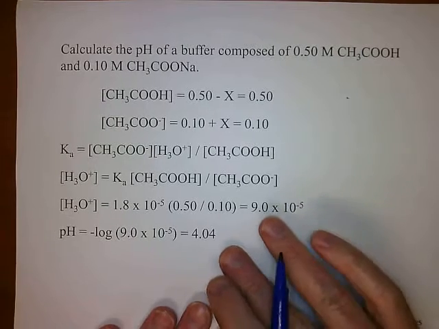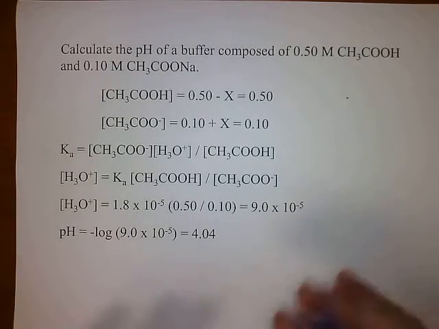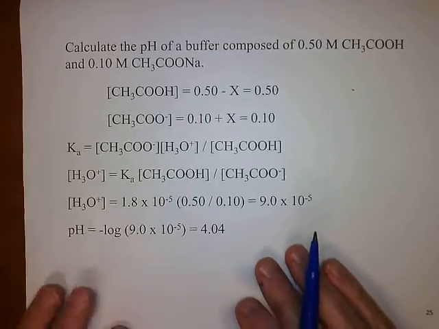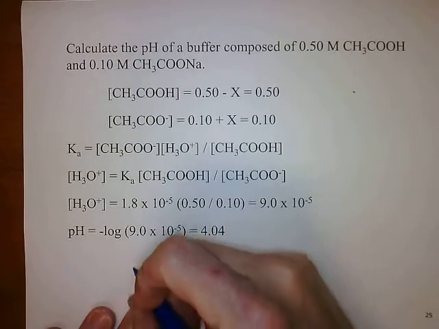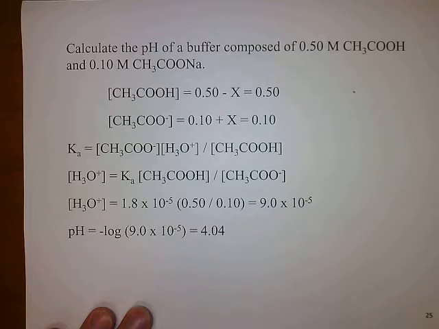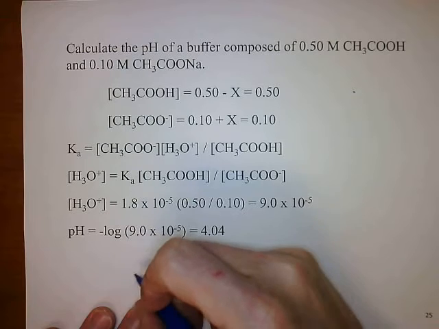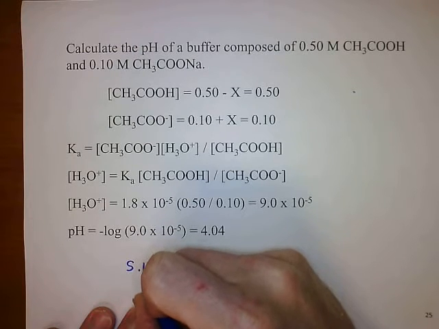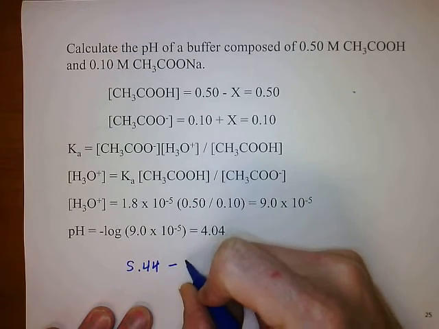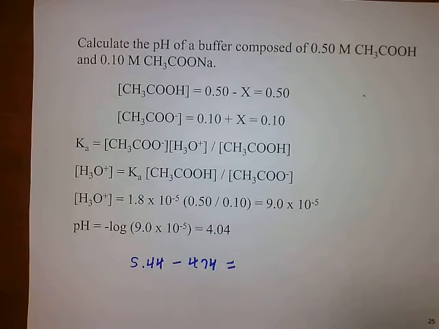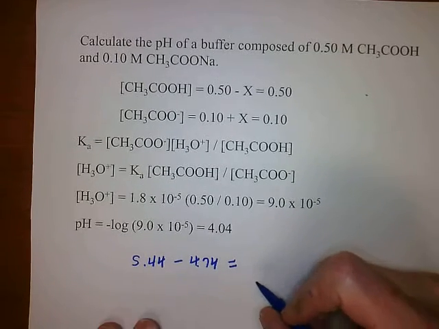But I want you to note that the pH was lowered by the same amount that it was raised in the previous example. In other words, 5.44, which was the last example, minus 4.74 is 0.70.